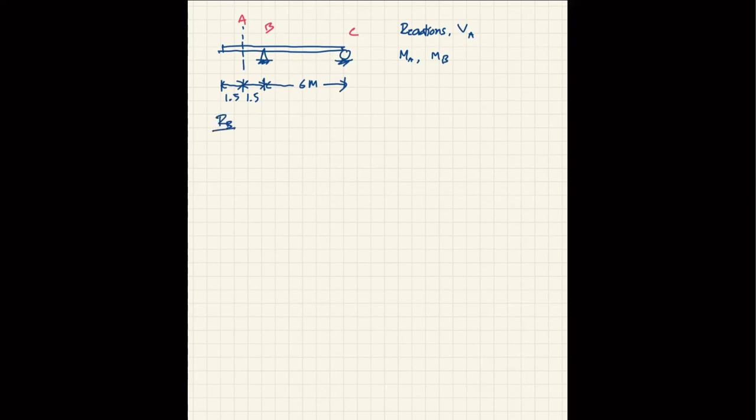For RB, of course, we will allow the reaction at B to move freely. So as a result, the reaction at B here will push the entire beam to go up, right? And now you see that the shape of the influence line should become something like this. Yeah, you know what?